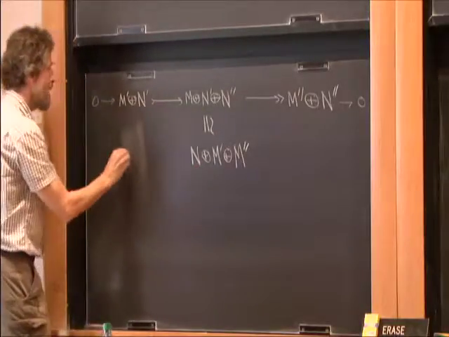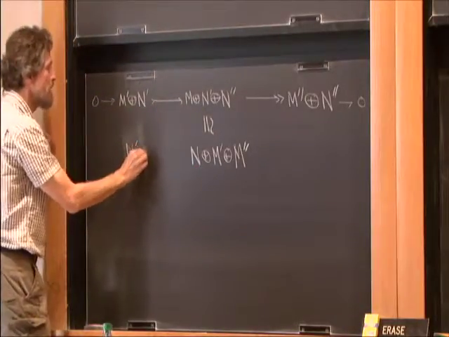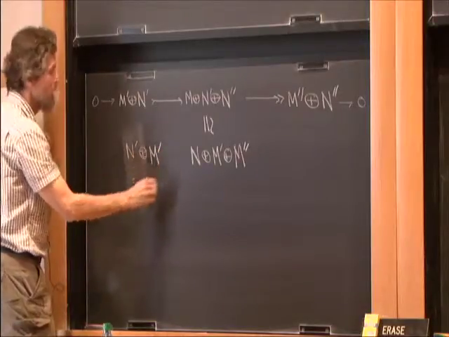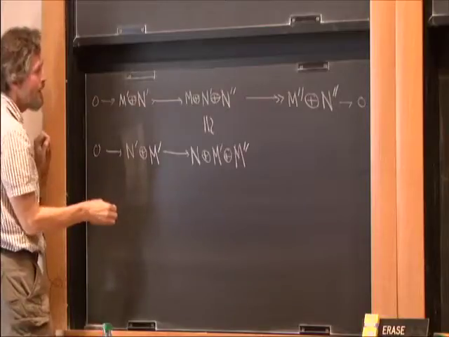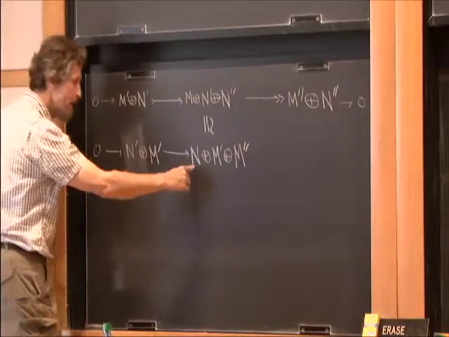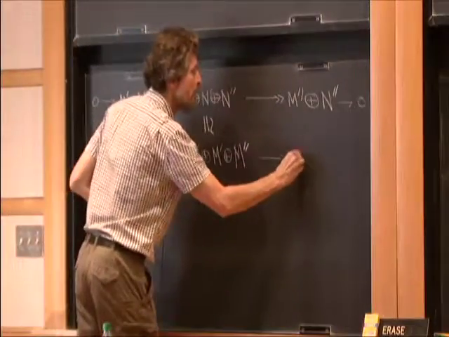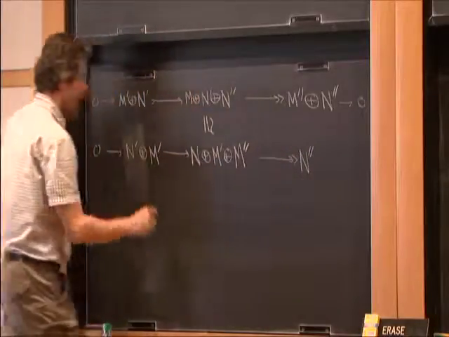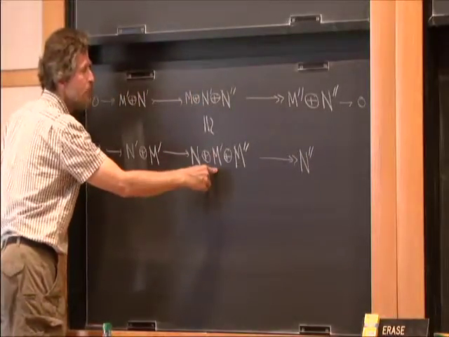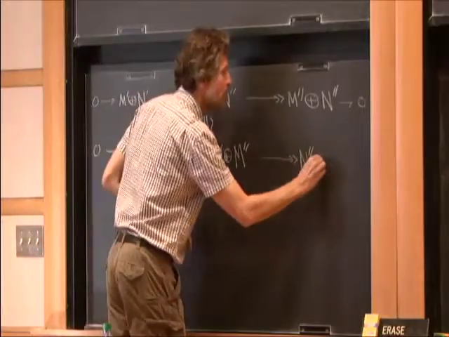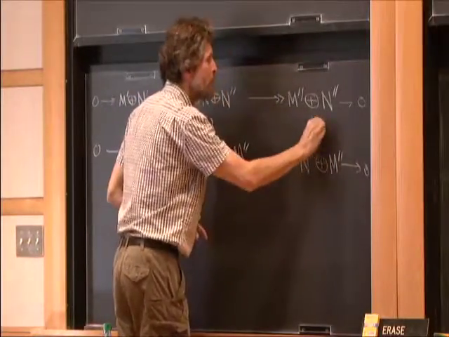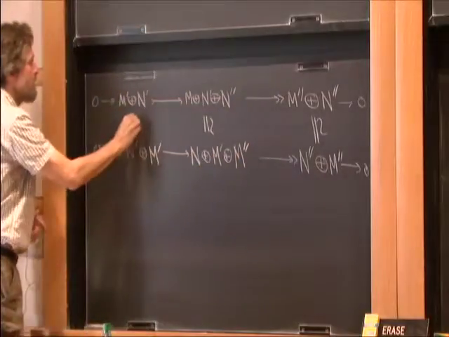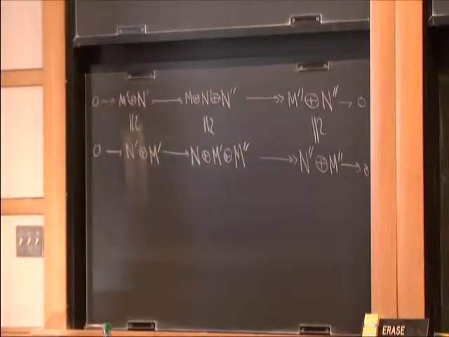This n contains n prime. So let's take n prime plus m prime and embed that exactly the same way, except with m and n interchanged. N prime goes into n with cokernel n double prime. And m prime goes onto that m prime factor, leaving a leftover m double prime. And there are permutation matrices that give isomorphisms of these two.